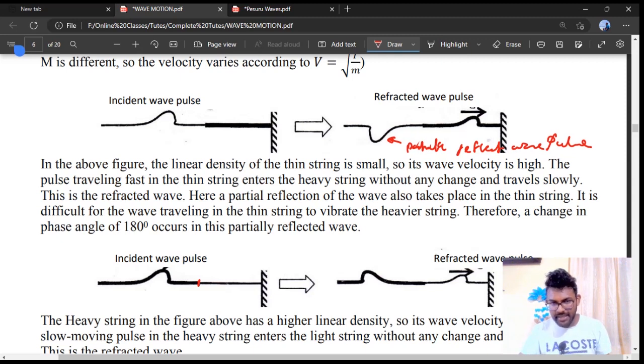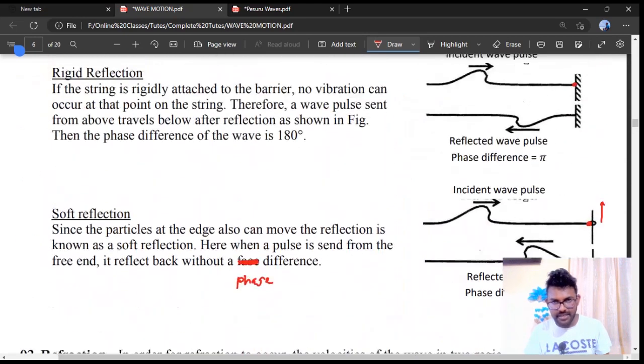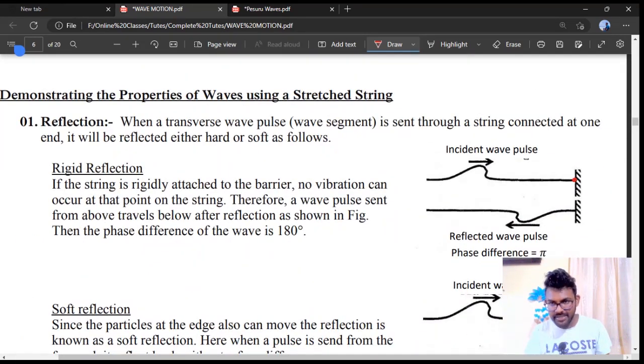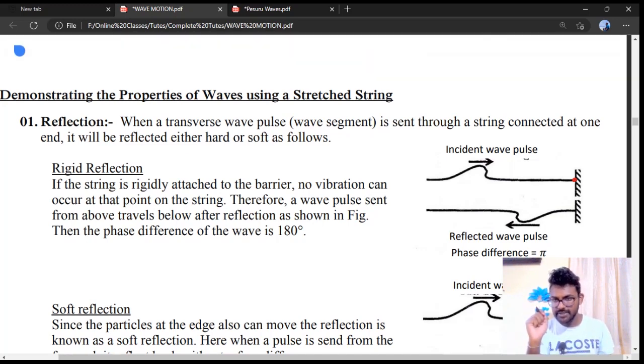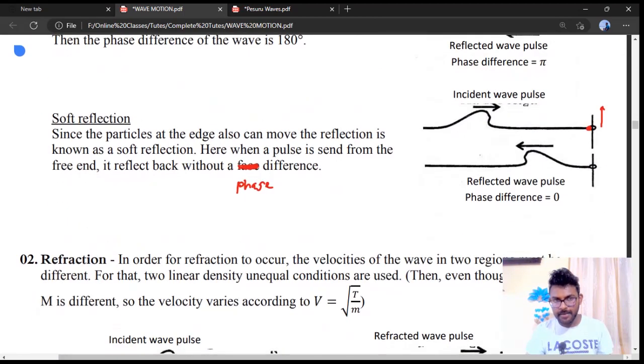But can the particles here move kind of freely? Yes, right? Unlike the rigid reflection, where the particles feel like they can't move up, and that's why there's a phase difference and the reflection will be there. If it is a soft reflection, the particles at the very end can also go up and down, right?